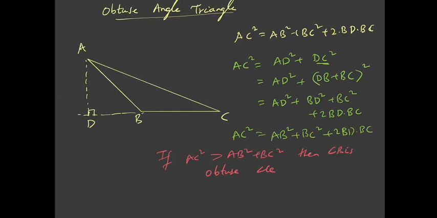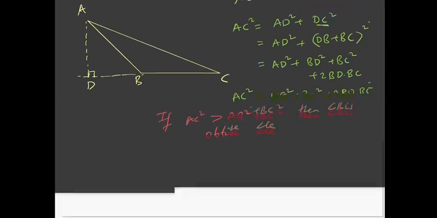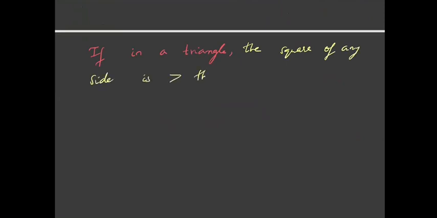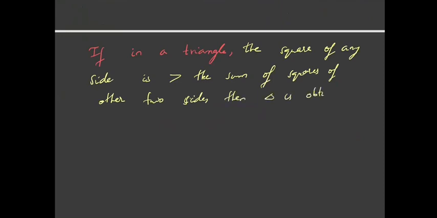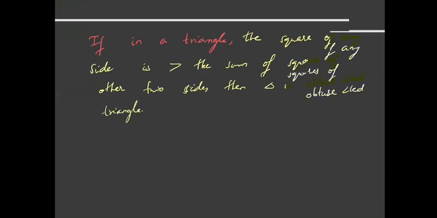So the conclusion is that if in a triangle the square of any side is greater than the sum of squares of the other two sides, then the triangle is obtuse angle triangle.